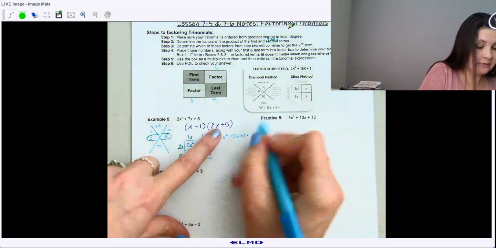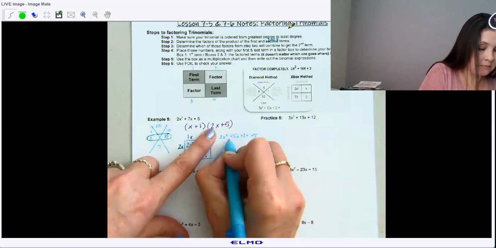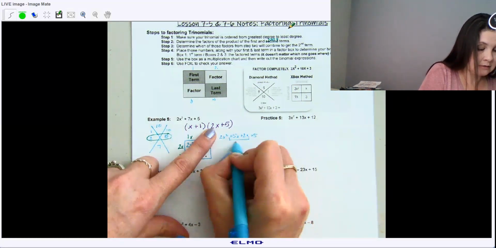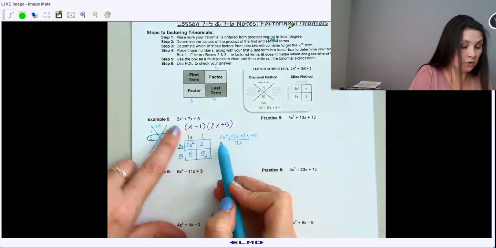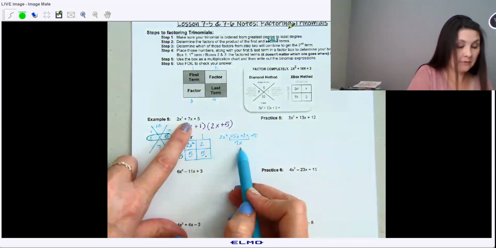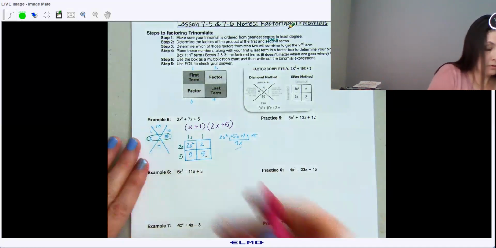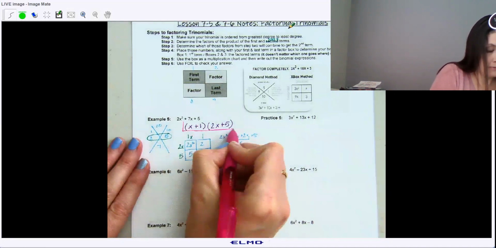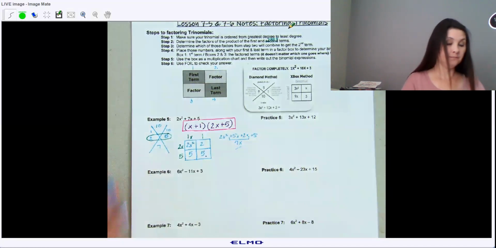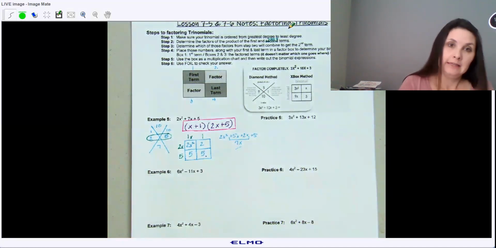And 1 times 5 is 5. And then I combine my like terms to get 7x. So we have 2x squared plus 7x plus 5, and that checks out. So we have our factored out answer. Okay, and that's how we do these. So let's do another one together.